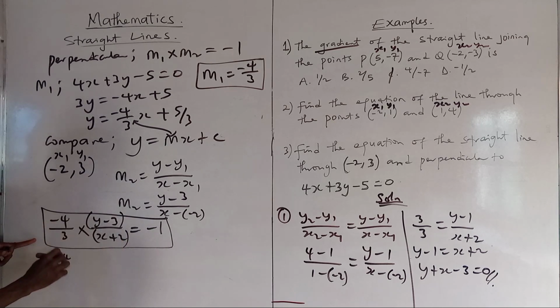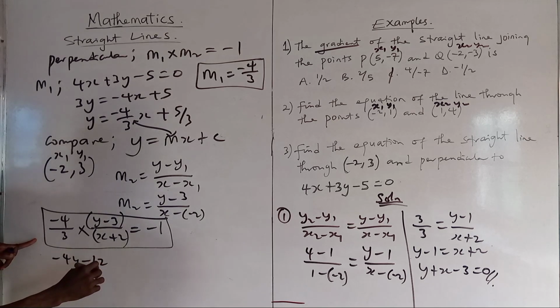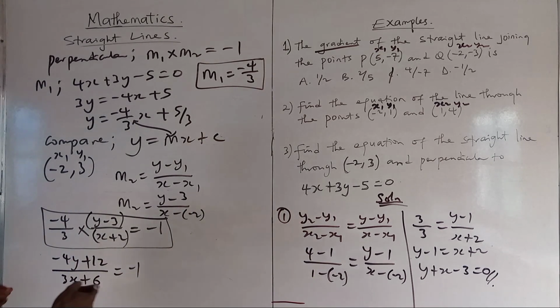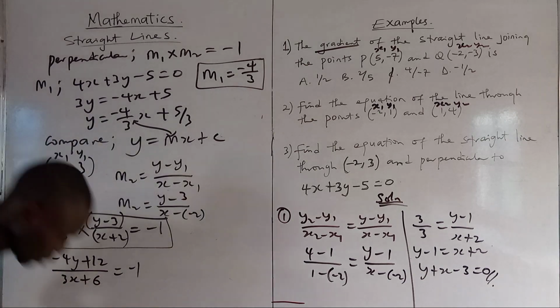We're having minus 4y minus 12 is going to be plus now, over 3x plus 6, equals minus 1. So if we cross multiply this now, we can continue it.